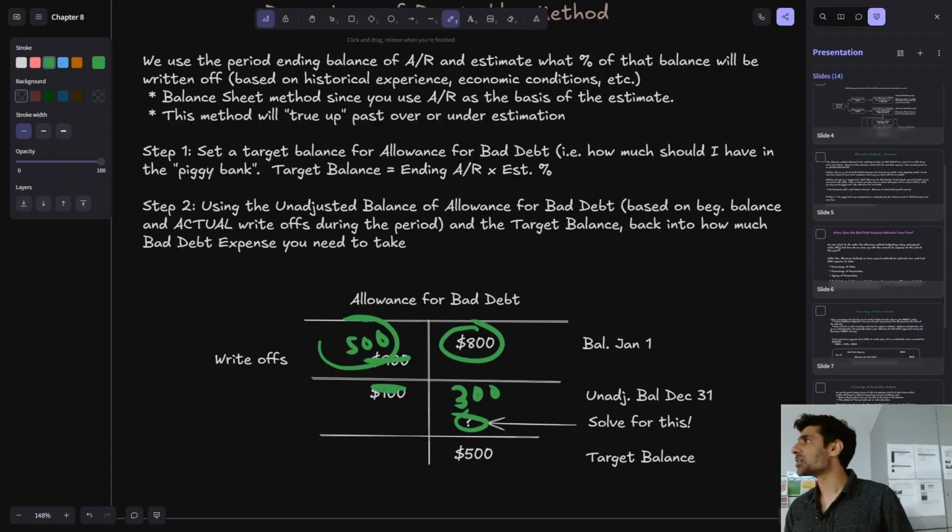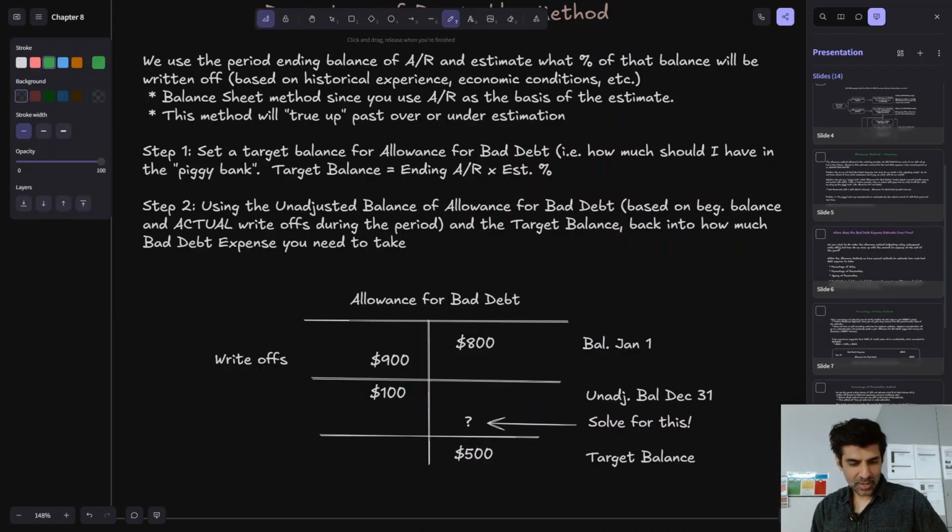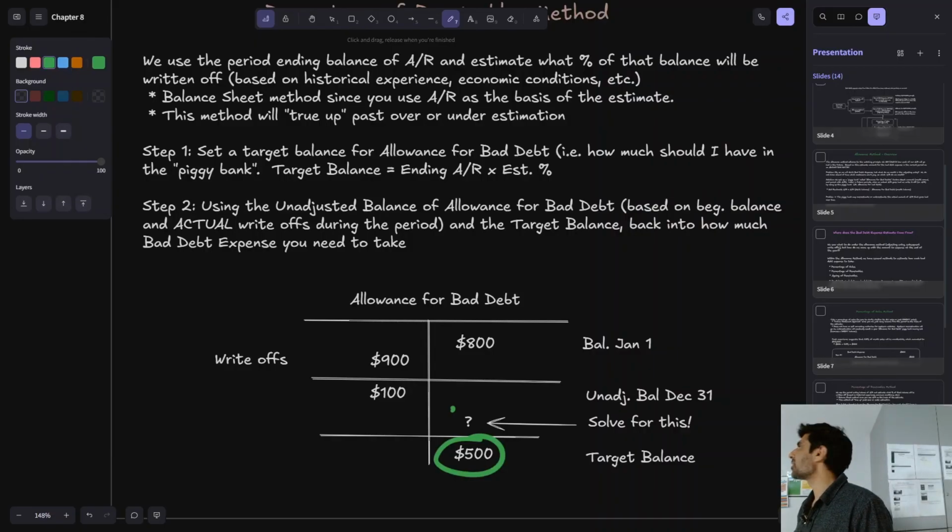We won't have to take as much out as an expense because we are benefiting from this existing balance in our piggy bank. So again, I think this idea of figuring out what this ending balance should be and then figuring out based on that how much to adjust for makes more sense in this case of allowance for bad debt, in my opinion.